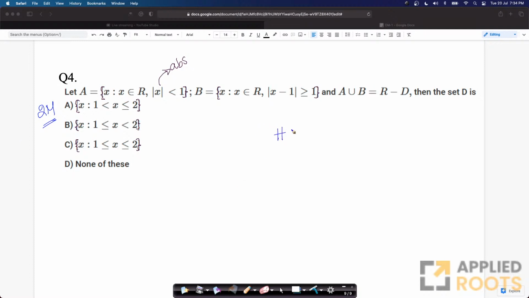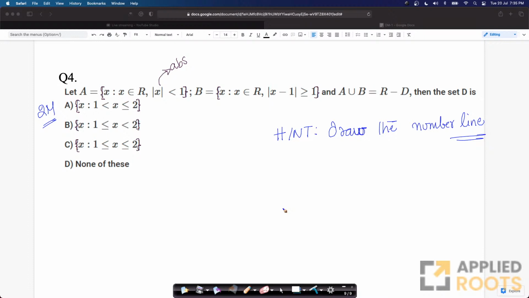Let me give you a hint. There are so many silly mistakes. Draw the number line. Please draw the number line. This is something that you probably learned in your 7th or 8th class, right? And then think about these inequalities and sets, because visually you will be able to grasp it better sometimes.